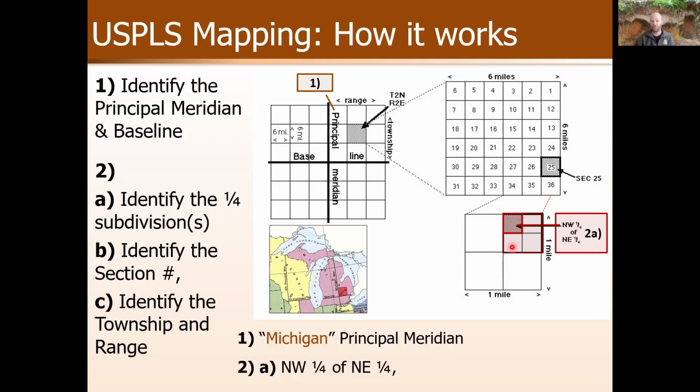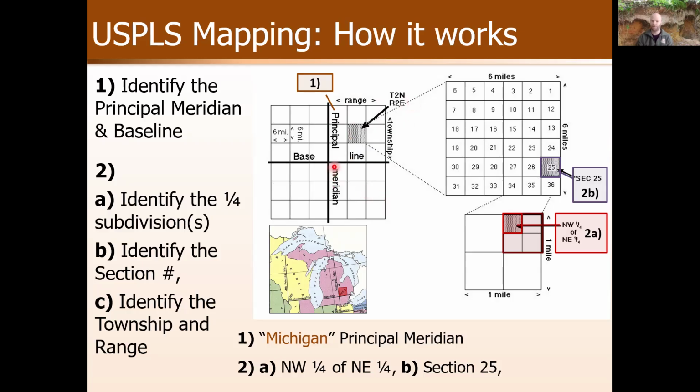And so the next step would be to determine your section number. So we're in section 25, which that step is pretty straightforward. You literally just determine what square you're in. And then in this case, we're in section 25. And then finally, last but not least, we're going from smallest to medium to largest. We need to determine what township and range we're in.